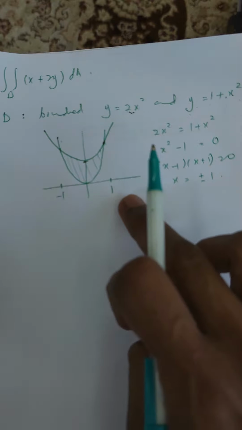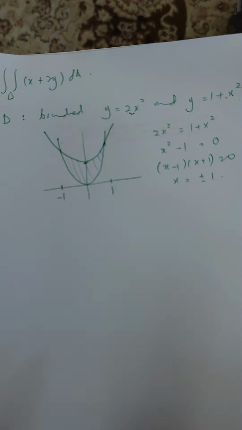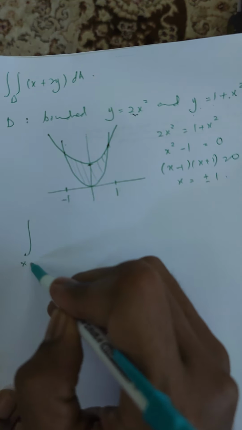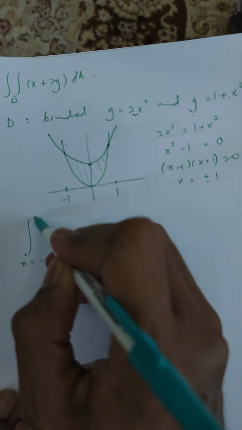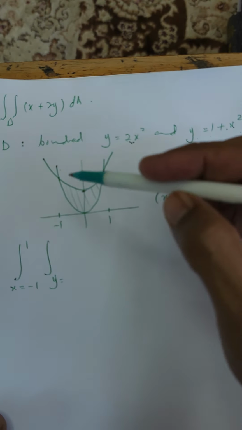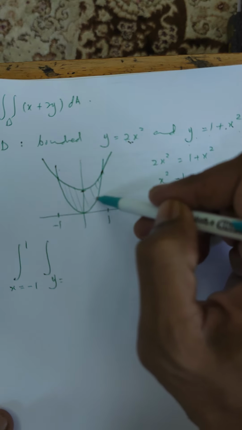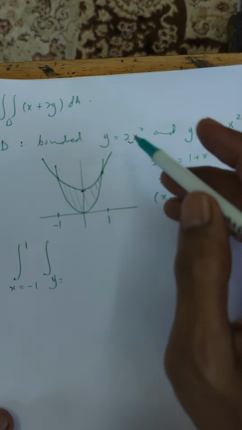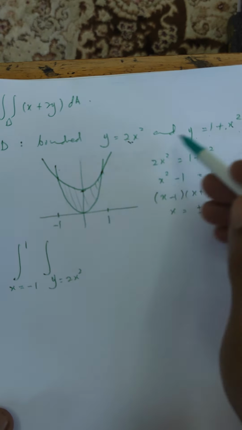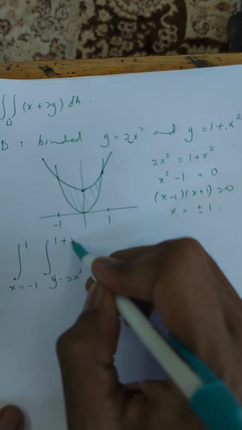Having obtained those limits for x, you can evaluate x from minus 1 to 1, and y from the smaller function to the bigger function. This is the smaller function, of course, y equal to 2x squared, to the bigger function, y equal to 1 plus x squared.